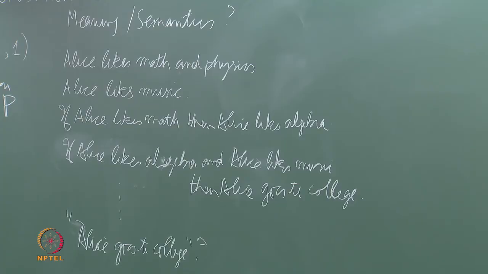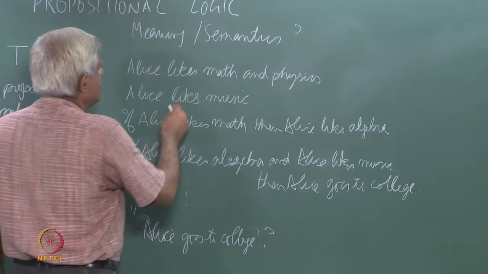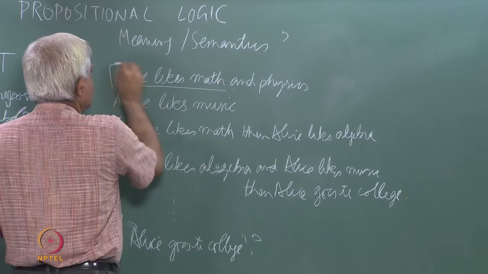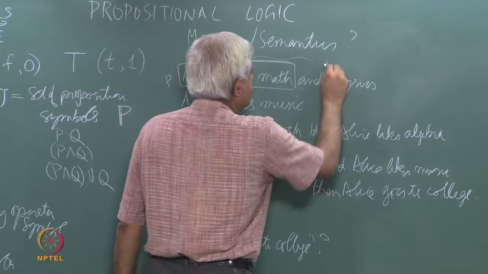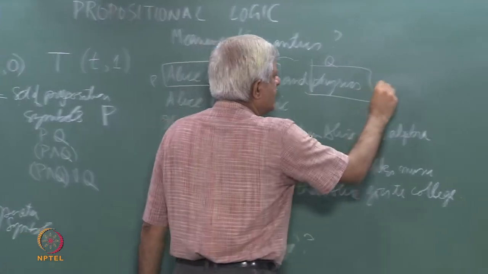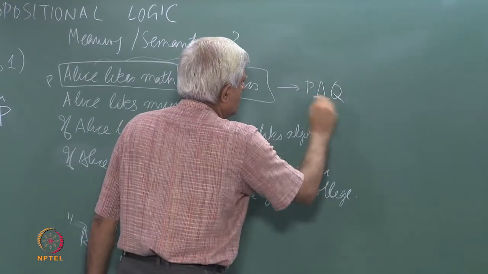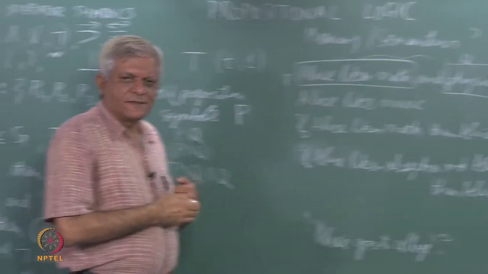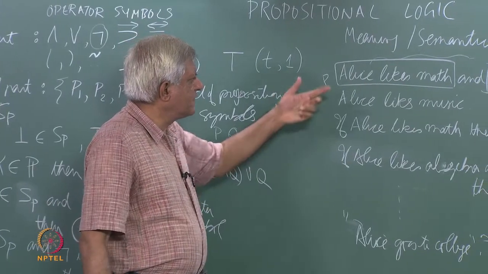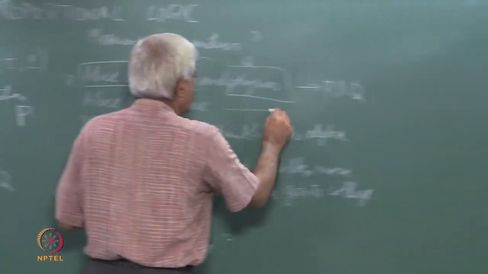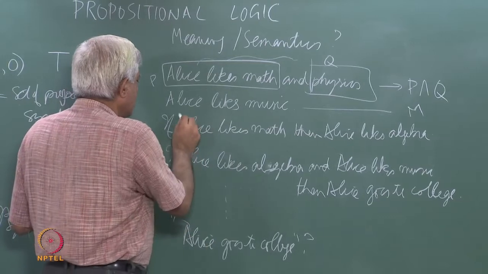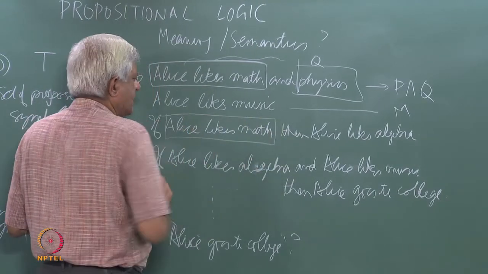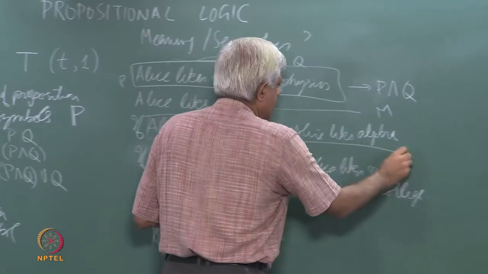So, I can now encode this problem in propositional logic, and I can say that Alice likes maths is P and Alice likes physics is Q, then I can call this sentence P and Q, because Alice likes maths and Alice likes physics. This I can call as M, and then I have a statement, if Alice likes maths, then Alice likes algebra.